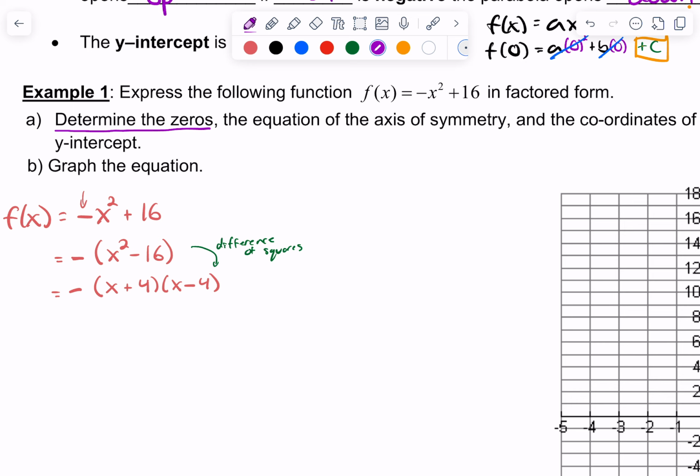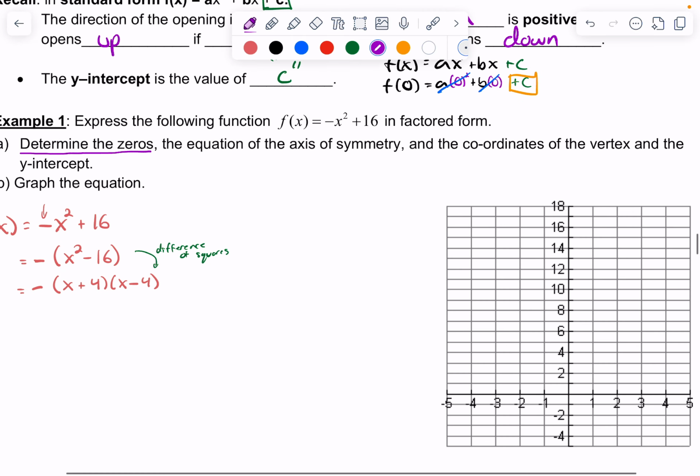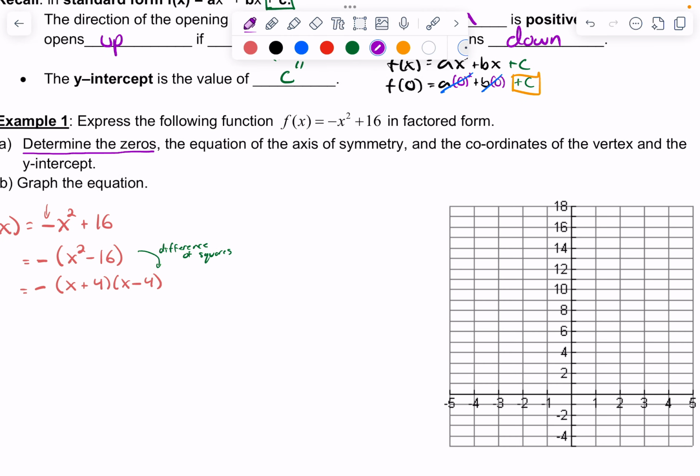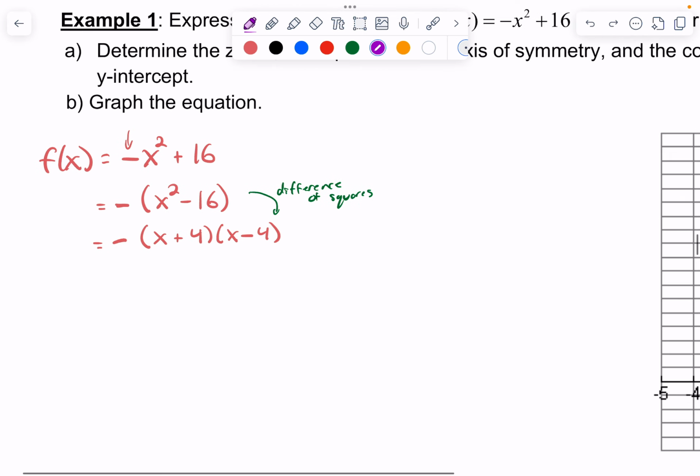So part A says determine the zeros, the equation of the axis of symmetry, and the coordinates of the vertex and the y-intercept. So let's start with determining the zeros. Well, remember, the zeros happen when the value of our function, so this is f of x right here, equals 0, because you're looking for when it hits the x-intercept.